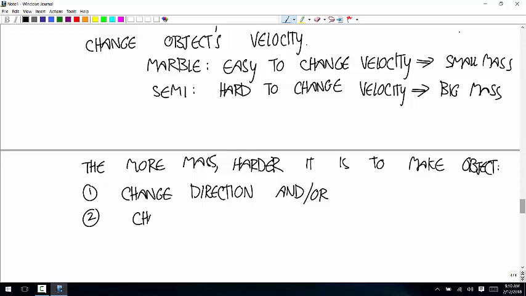Speed up or slow down. That's why good football players are always really big. The defense is trying to change their velocity. And the more mass the player has, the harder it is to change their velocity.